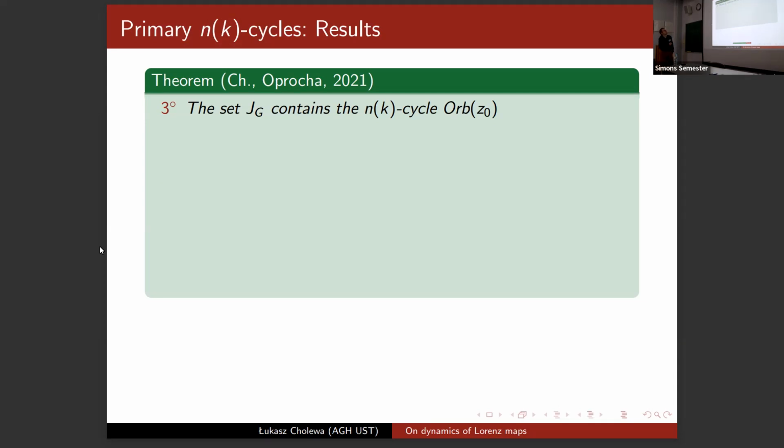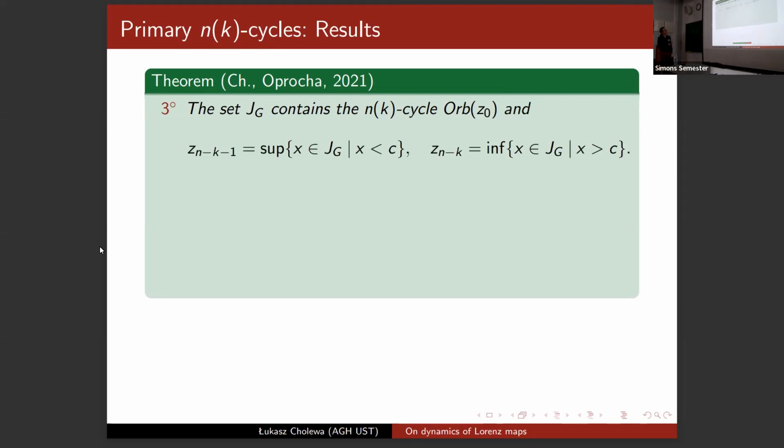And JG is the set which is related to this renormalization f to the n, okay? I have this equality. So in fact, these points from the nk cycle are exactly the same points as E minus and E plus from Ding's theorem.